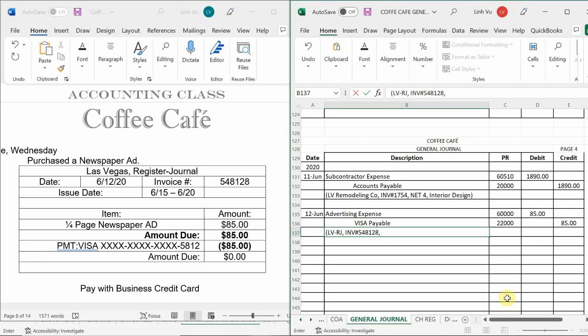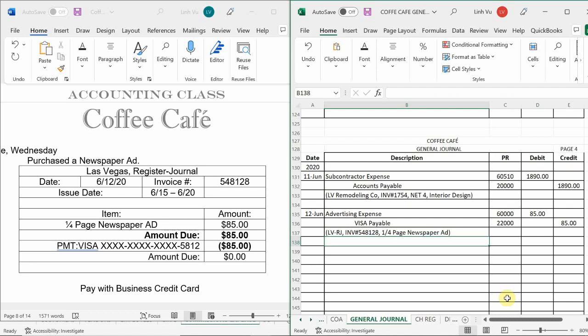Because advertising expense is too broad, we need to be a little descriptive, saying that we purchased a 1/4 page newspaper ad. Do we need to put the actual specifications? Not here. That should be good enough information.